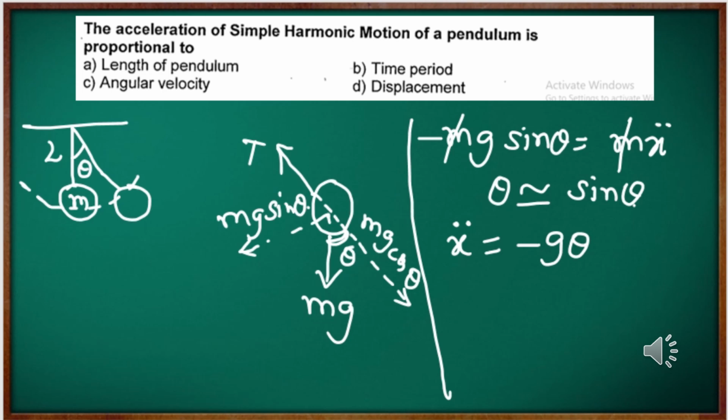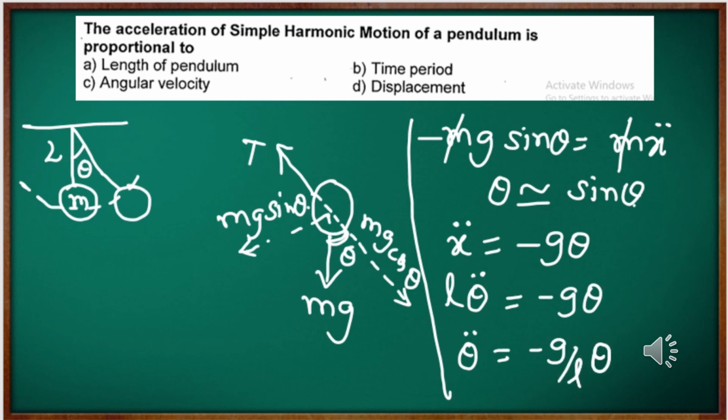Rewriting this in terms of angular acceleration yields L theta double dot, that is length times angular acceleration, equals minus g theta. So here angular acceleration is equal to minus g by L theta.